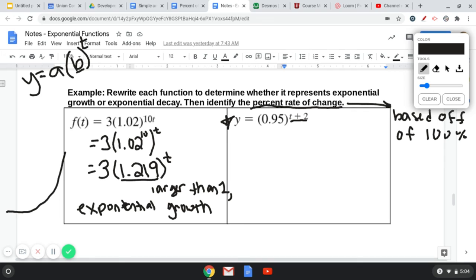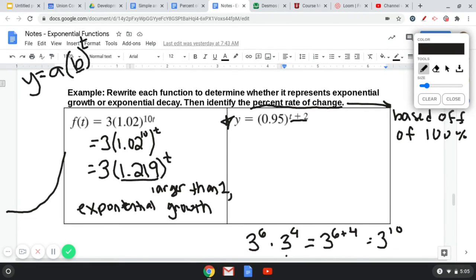Let's do 3 to the 6th power times 3 to the 4th power. Because if we have two things with the same base and different exponents, we can add those exponents, can't we? 6 plus 4, which would be 3 to the 10th power.